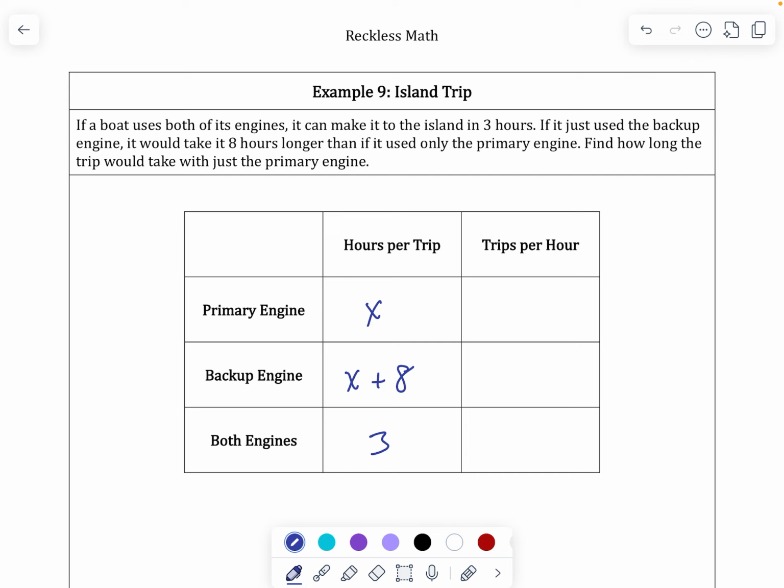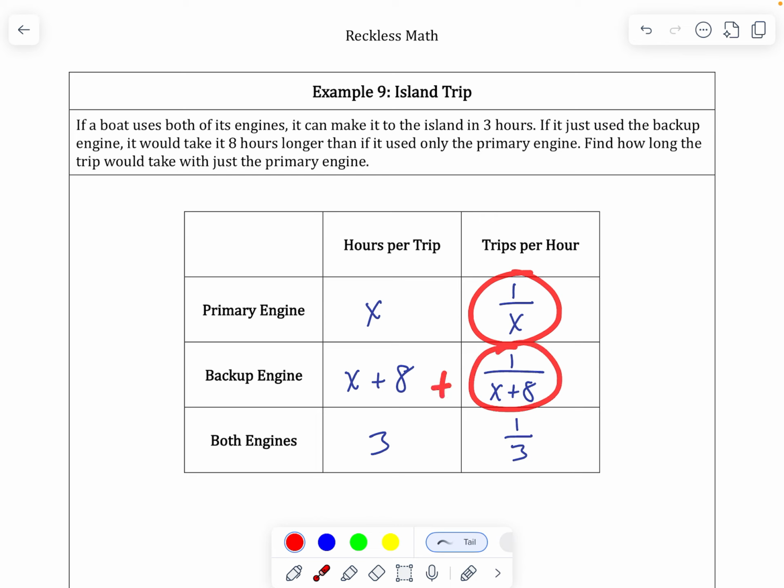Same thing. If both engines can complete the trip in 3 hours, then each hour they complete a third of the trip. We switch from hours per trip to trips per hour. Reciprocating the other quantities gives us 1 over x and 1 over x plus 8, and this plus this will equal the 1/3.